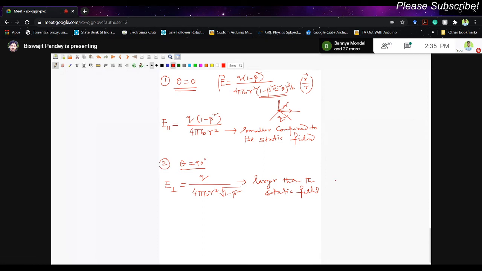This lines of force concept was first given by Michael Faraday, and it is a very original and useful concept to visualize electric field. We still use it, although this is just a hypothetical concept to grasp the idea of electric field and magnetic field, but it is very useful. You may be surprised to know that Michael Faraday used this concept just because he was not very proficient in mathematics.